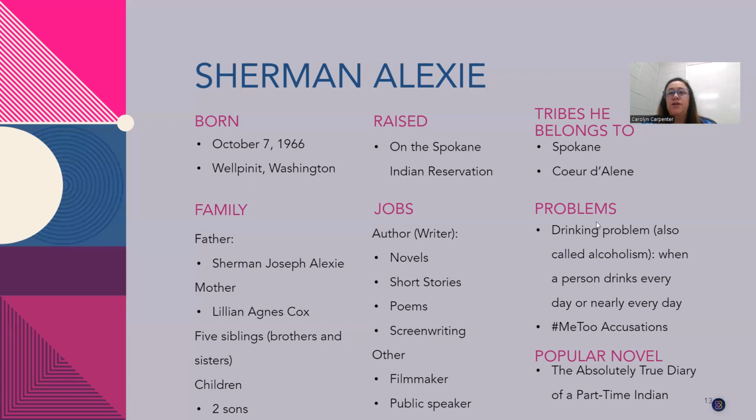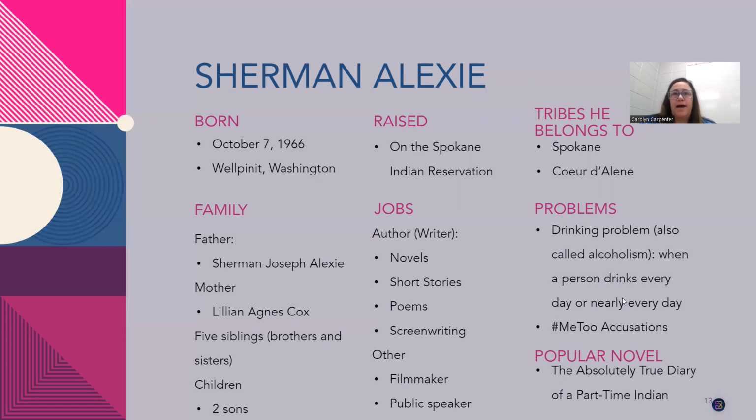Now, Sherman Alexie, like many of us, has had different problems. So we are going to talk about some of those problems, but we need to keep in mind everybody has problems. So Alexie has had a drinking problem. He is sober now, but a drinking problem, also called alcoholism, is when a person drinks every day or nearly every day.